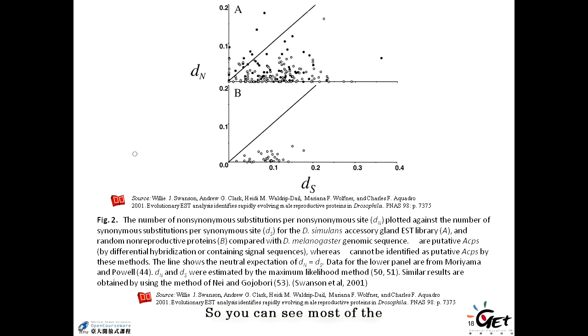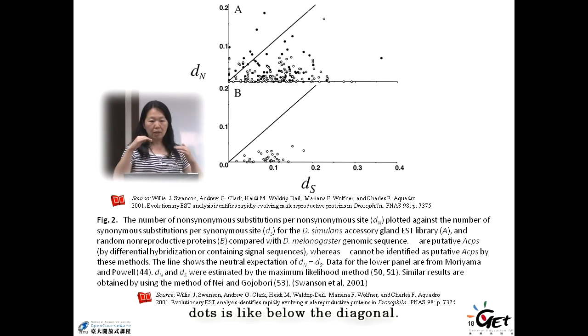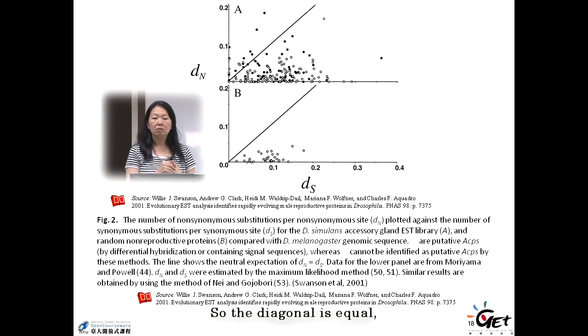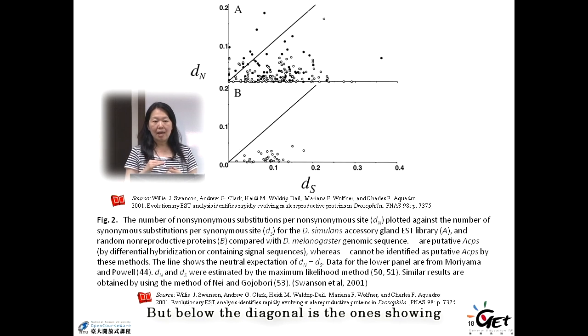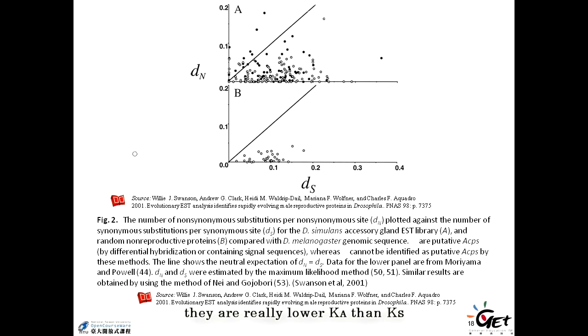You can see most of the dots are below the diagonal. The diagonal is equal, close to 1. Below the diagonal are the ones that show really lower Ka than Ks, but there are a few data points that show higher Ka/Ks ratio.